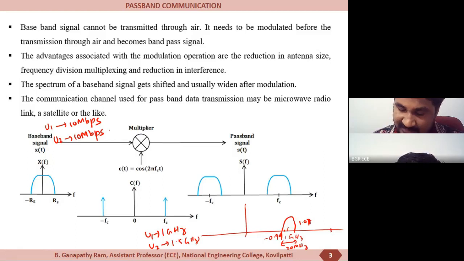Similarly, this is the spectrum of user 1. Similarly, the user 2 spectrum will take place, which is centered around 2 gigahertz. That is, this is minus 1.99, and the spectrum will be at 2.01 gigahertz. This is the way it facilitates the multiplexing of more number of users and also provides multiple access techniques.